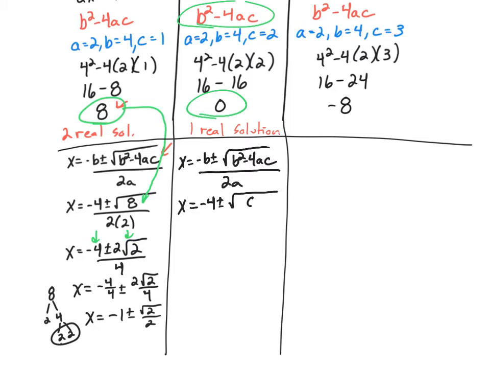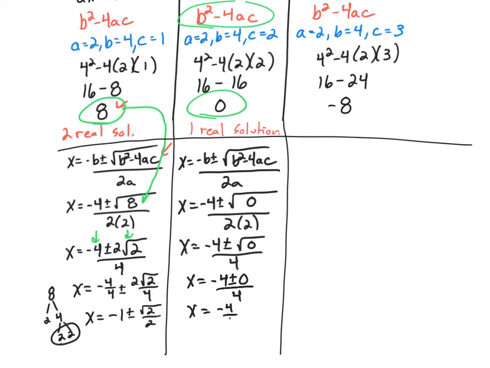So I'm going to substitute that 0 into the radical, all over 2 times a, which is equal to 2. So x is equal to negative 4 plus or minus the square root of 0 all over 4. If I take the square root of 0, I get 0, so x is equal to negative 4 plus or minus 0 over 4, which gives me x is equal to negative 4 over 4, which is x is equal to negative 1. So we said in this case, we were supposed to end up with one real solution. Negative 1 is our one real solution.